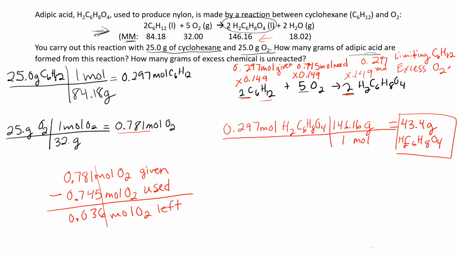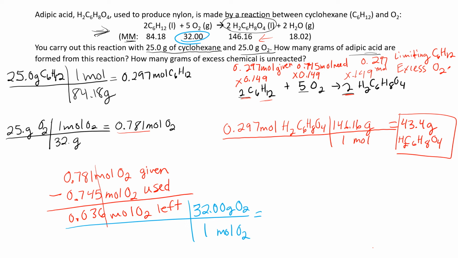Now, it does ask for it in grams, so we're going to go ahead, and this is fine. You can just attach on your conversion, moles of O2, and we know that there's 32 grams per mole of O2. Again, that's given up here right underneath that reaction.